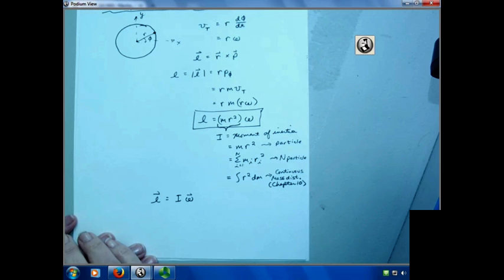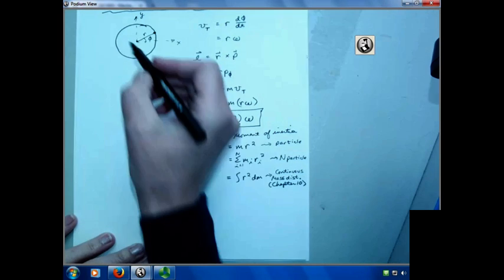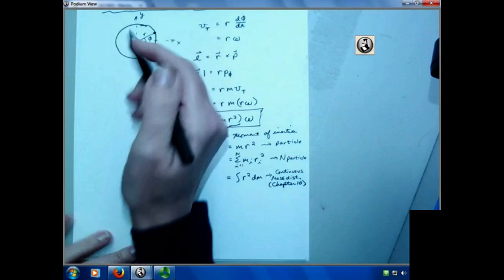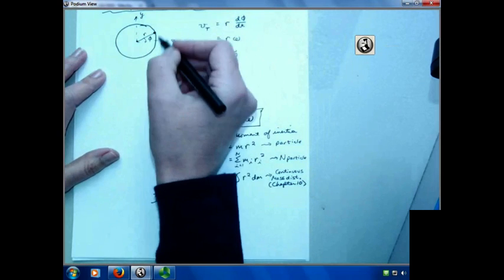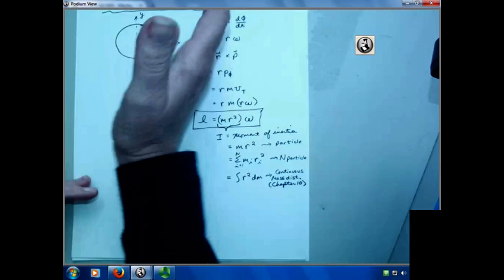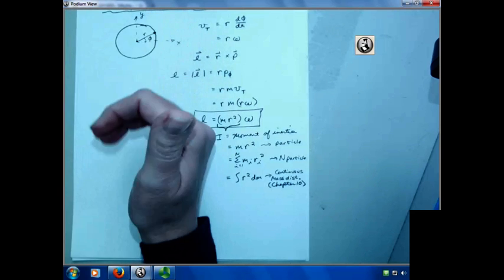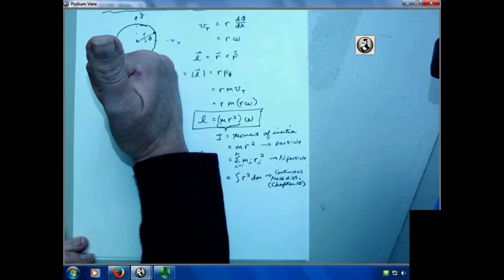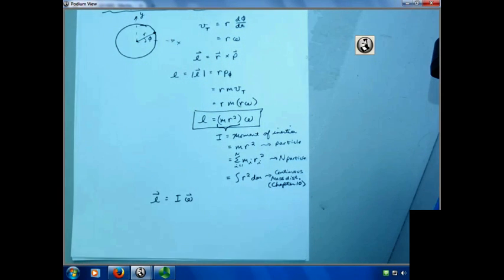But what is the direction associated with that? In this case, if d phi dt is positive, then the motion is confined in the xy plane, but the direction associated with that motion is going to be the positive z direction, which is the out of the page direction. Because when you want to describe the direction of rotation, you describe it by the axis about which it's rotating, and you use your right hand to pick a direction on that.